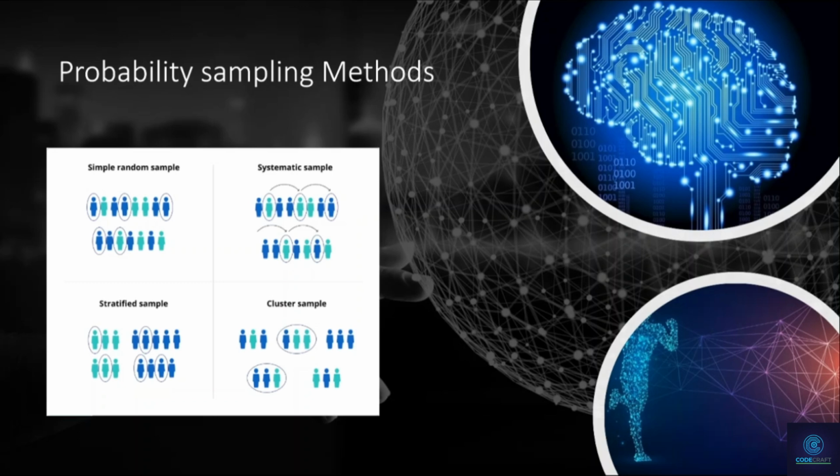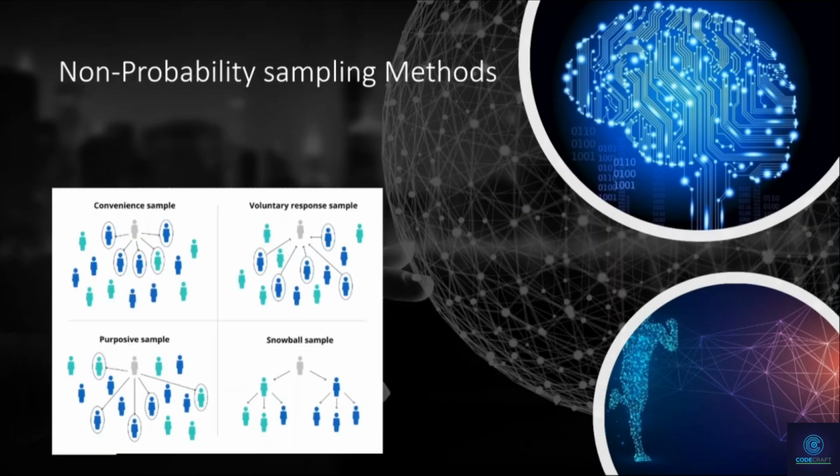As I said, those methods are really into random, so you work with random people, and those are the most used by experts, because they are more representative of the population, and you will have more representative numbers in general with those sampling methods. So the second type of sampling methods would be the non-probability sampling method.